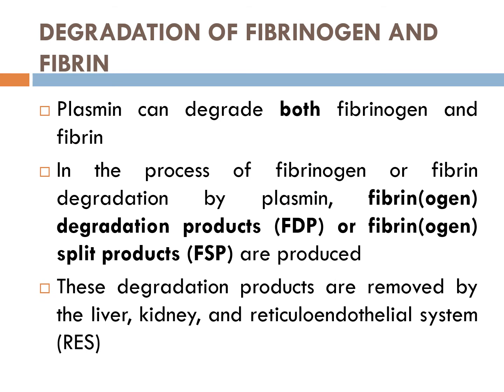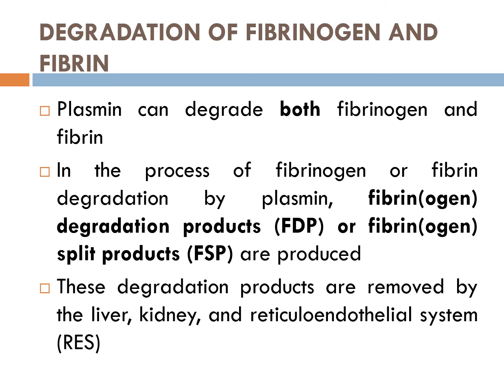So for the degradation of fibrinogen and fibrin, I think it has been reiterated many times in the previous lectures that our plasmin can degrade both fibrinogen and fibrin, and in the process of degradation, products are formed, what we call the fibrin or fibrinogen degradation products.